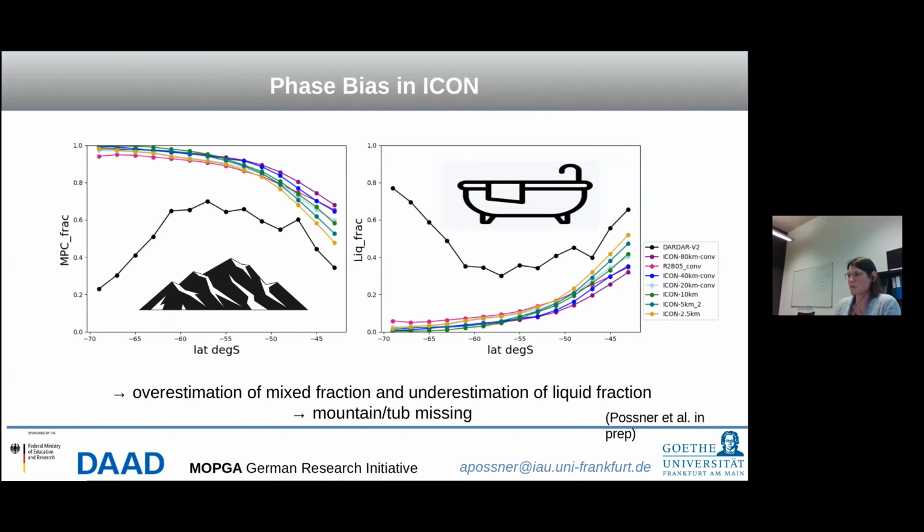And we see the inverse correspondingly in the liquid phase, where we see a bathtub shape, where the liquid fraction decreases as we go poleward and then recovers towards the pole, where the ice sheet is limiting ice production inside these clouds. And this behavior is completely missed by all ICON simulations across all model resolutions.